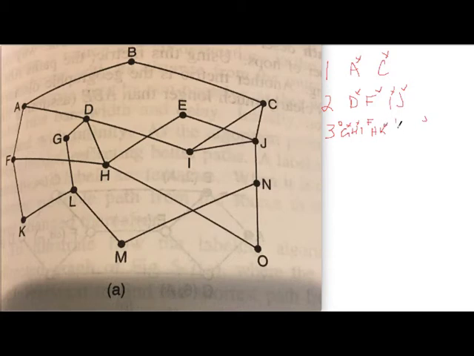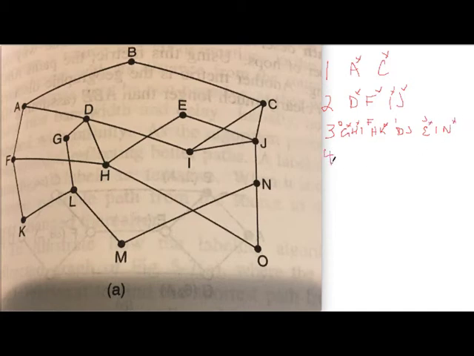And then I sends to D and J. And J sends to E, I, and N. And E and N in this case are on the sync tree.